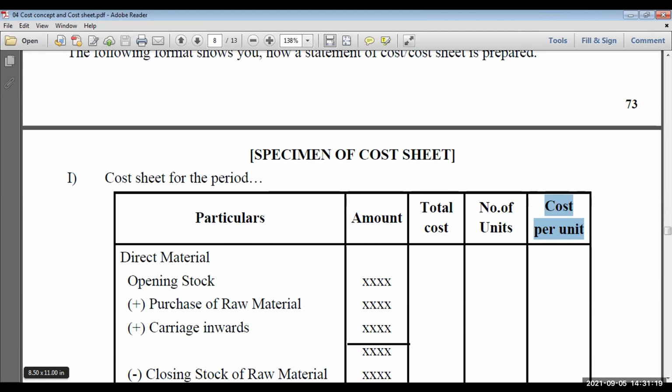Indirect cost demands a strategy or some kind of mechanism to allocate the cost to the unit of output, but direct cost does not demand any such mechanism, because for one notebook of 360 pages, what is the cost of 360 pages? That's enough. I don't want any mechanism to derive how much is the material cost for one notebook. If that is the case, that cost is called direct cost. If that is not the case, that cost is called indirect cost.